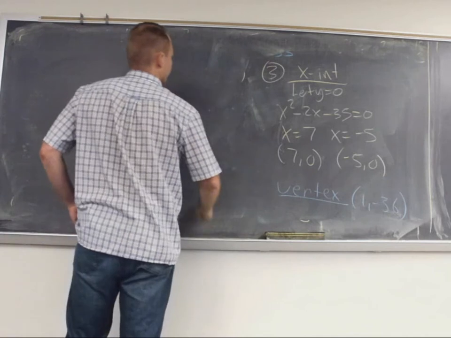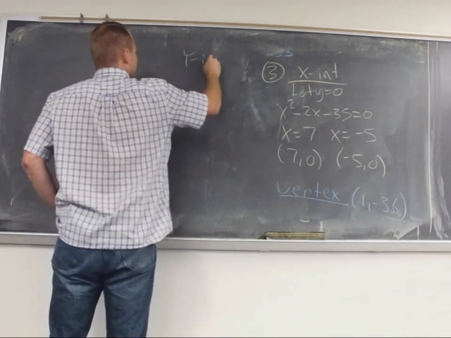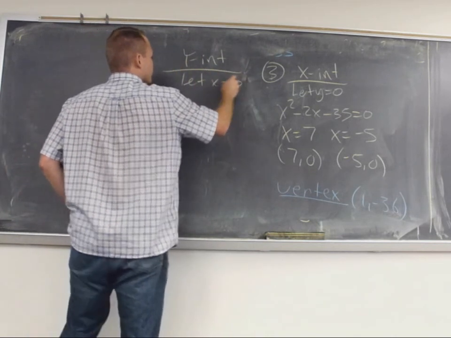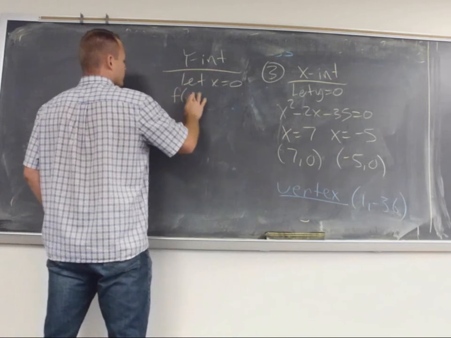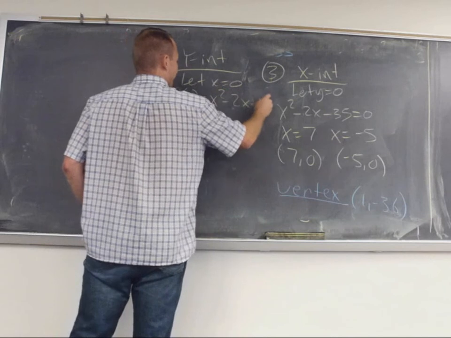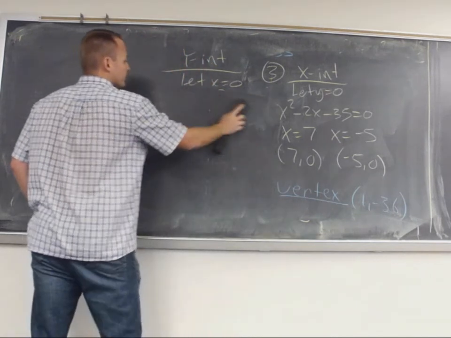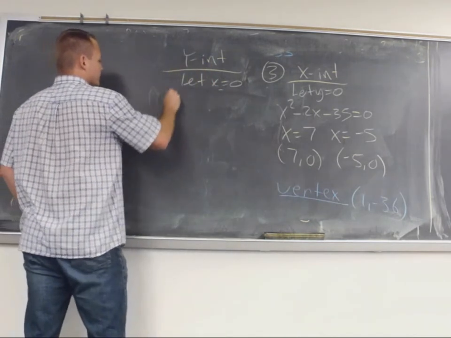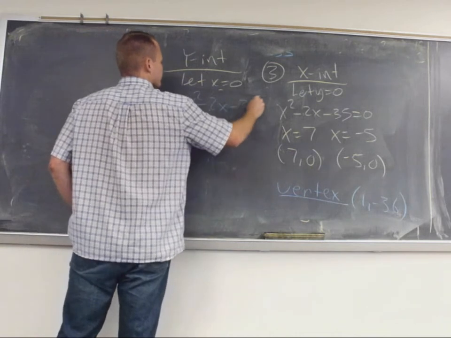And then we need to find the y-intercept. So for the y-int, we let x equal 0. And then let's write our function. I kind of messed up there, I'm just going to rewrite it. f of x equals x squared minus 2x minus 35.